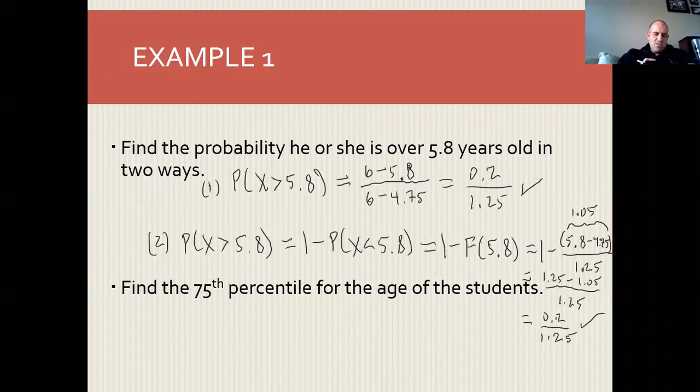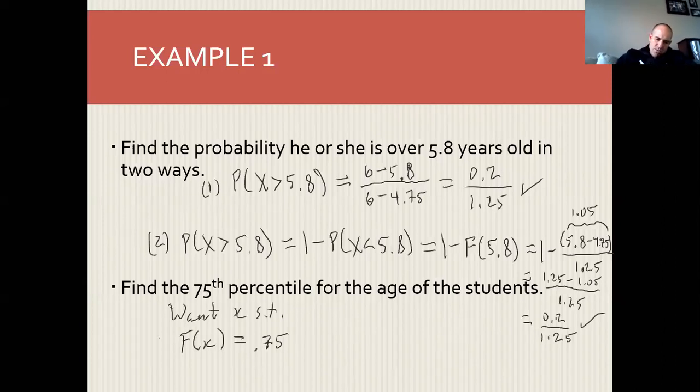So if I want the 75th percentile, I want an X such that capital F of X is equal to 0.75, because I want 75% to be below this. So X would be at the 75th percentile if that happened.